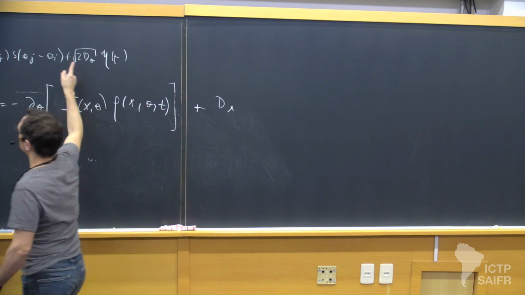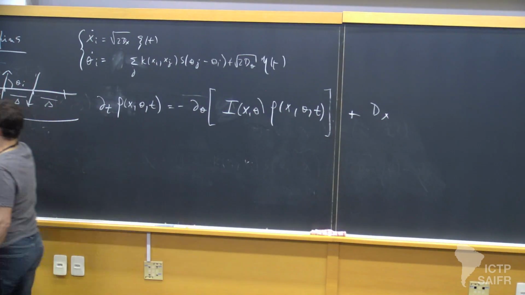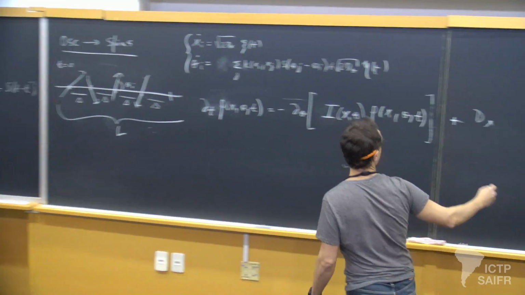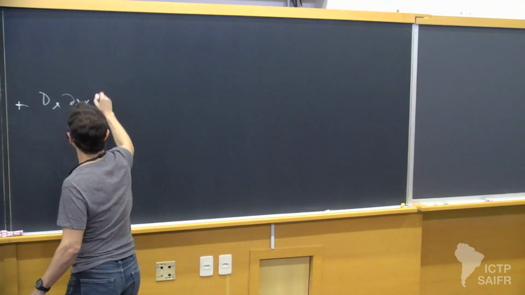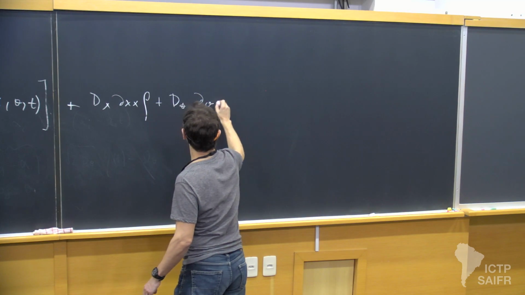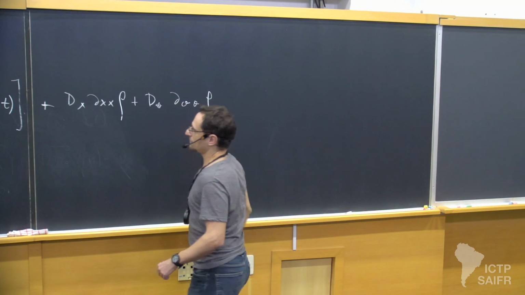So you see why I put the 2: when I square and I put that 2, it's gone. And then we have dx, this, and we get this other stuff.